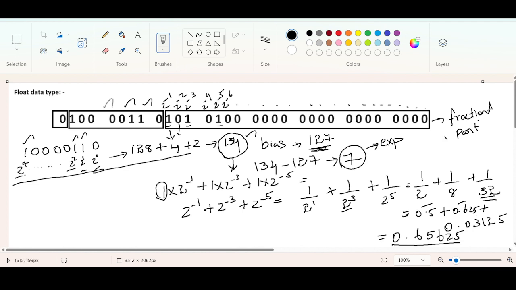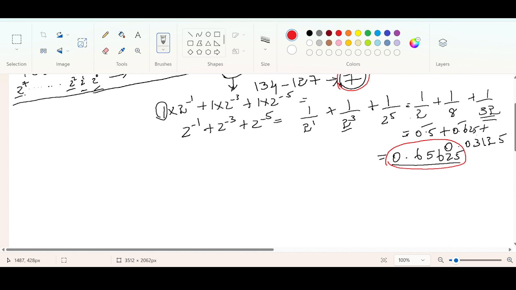So the fractional part has been converted successfully to a decimal number. This part is also completed, and we have found the exponent value. We have got 2 values: the exponent value and the fractional value. Now we need to do the actual conversion with a formula.